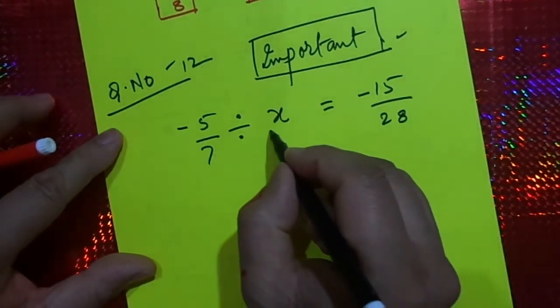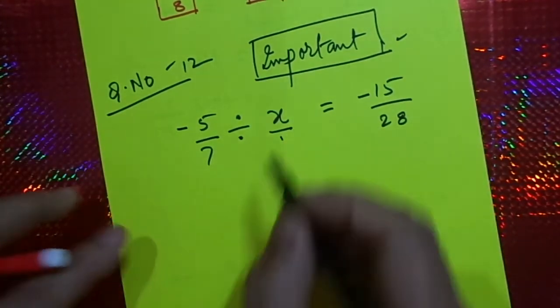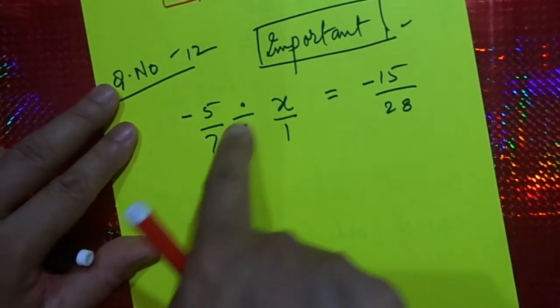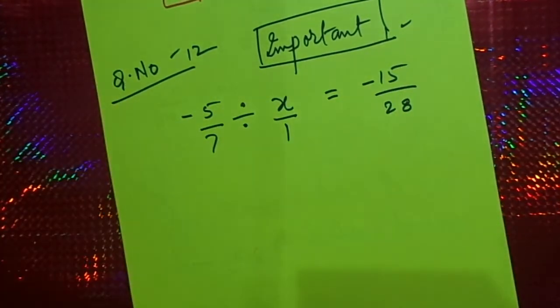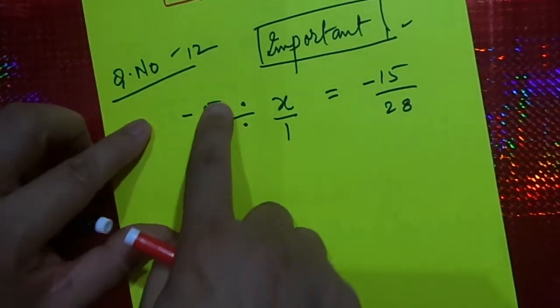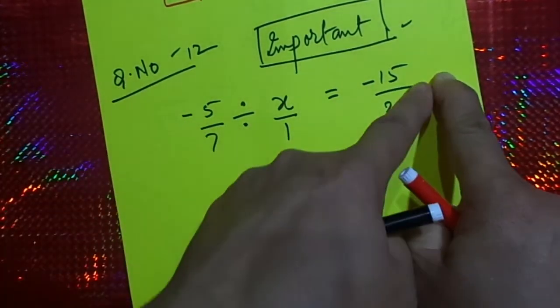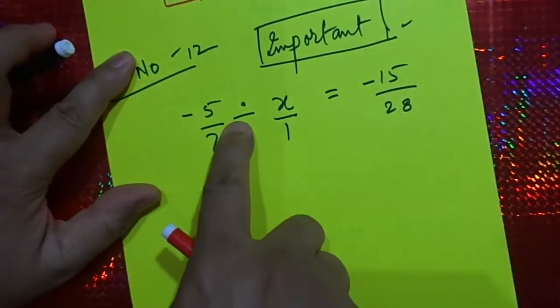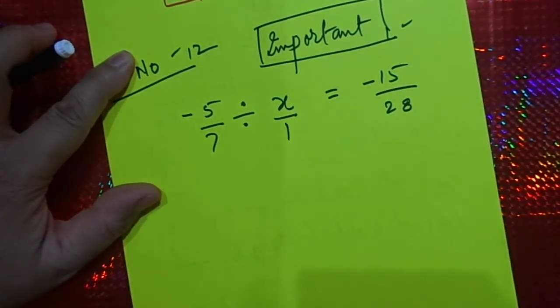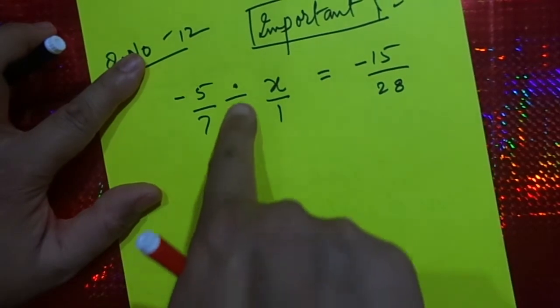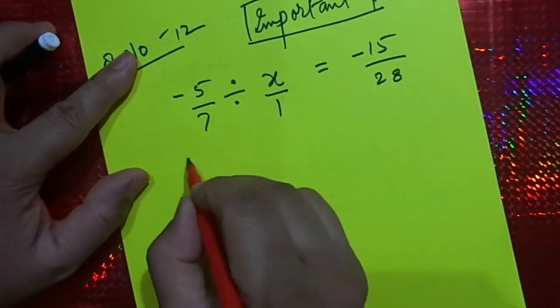And you know, here x means x by 1. So first, please change it over here. You cannot transpose it over here, because if you would transpose this onto the other side, this division would remain with x only, which would create lots and lots of confusion. So it's better you change this into multiplication form.